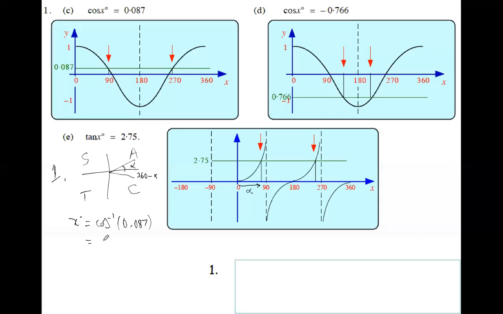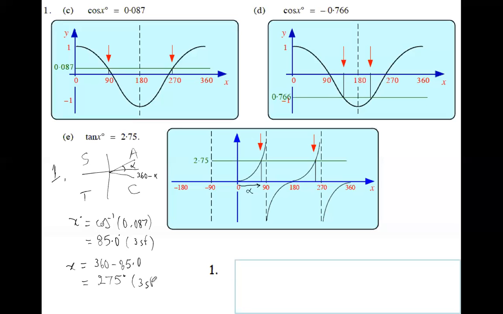We're going to use three significant figures again, 85.0. And the other one is just 360 take away that, which is 275. Three significant figures.